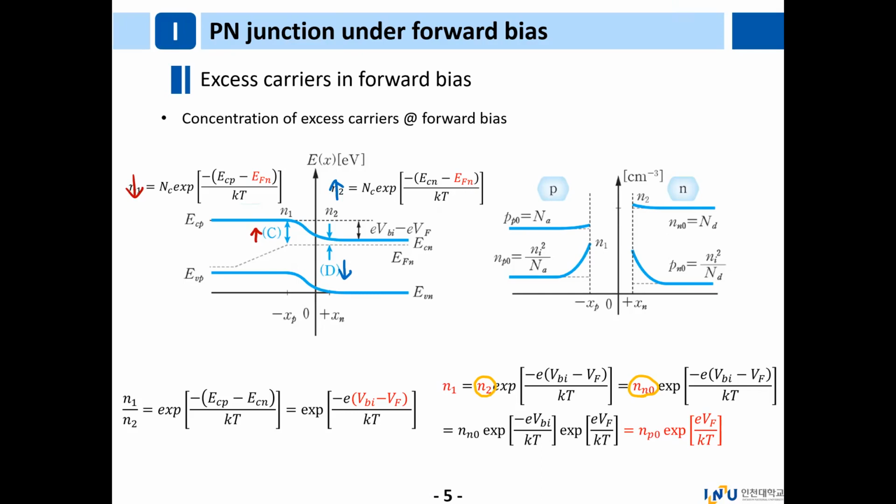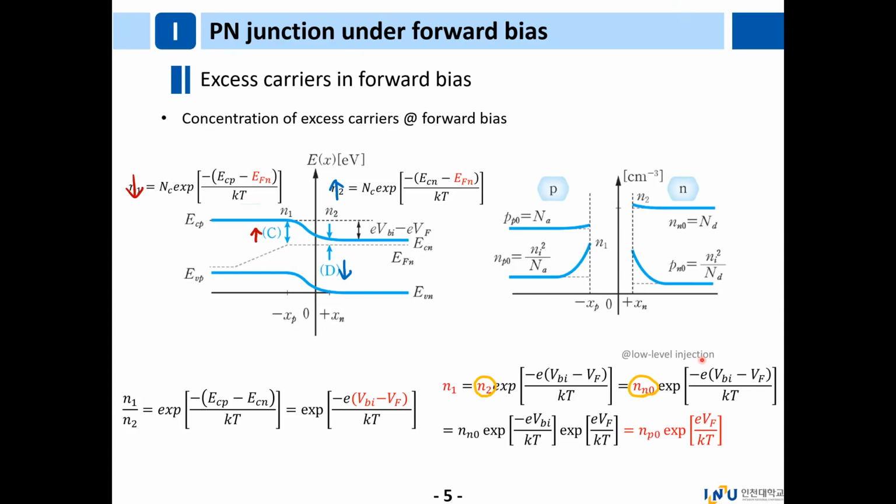So here, n2 equal to n0 is assumed, but this relationship is valid when we assume low level injection, where the concentration of the injected minority carrier is much smaller than the concentration of the existing majority carrier.